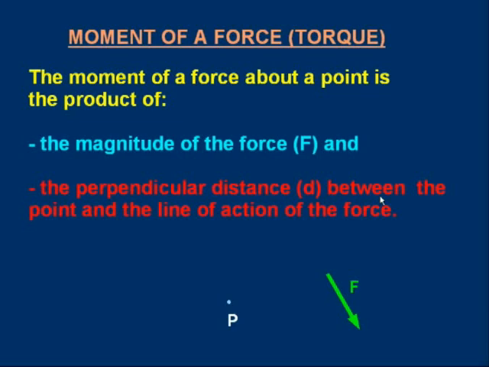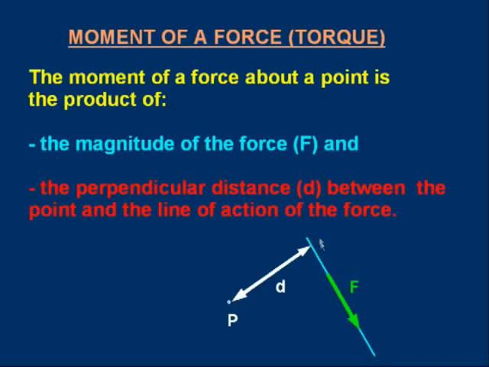So if you look at this diagram down here, we got the force F and we want the moment of this force about P. So draw the line of action, then draw a perpendicular from P to meet that line of action. That line there with length d. That's what we mean when we say perpendicular distance.